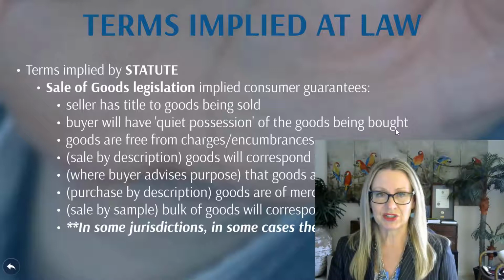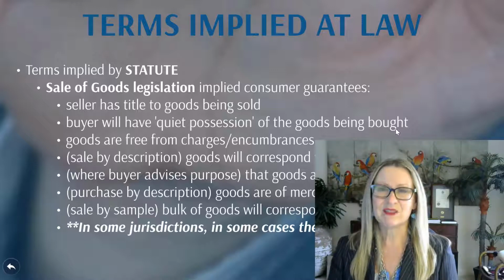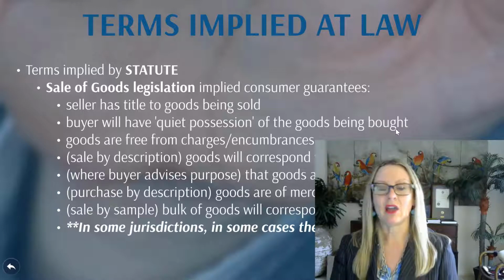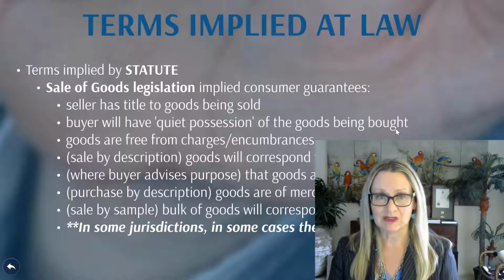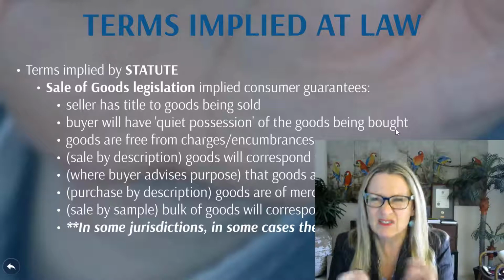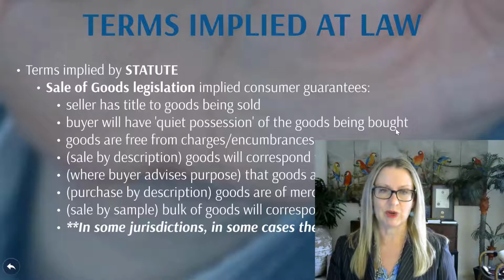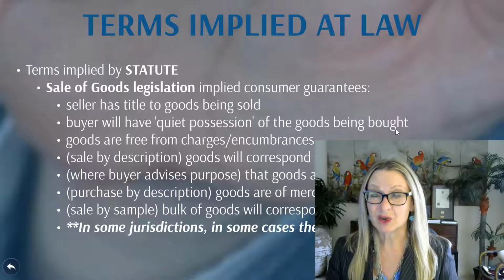Sale of goods legislation includes a number of different implied consumer guarantees. Again, very sensible stuff, like the seller has title to the goods being sold. The buyer will have quiet possession. That means you're not going to go ahead and interfere with them after the bargain's been completed of the goods being bought. The goods are free from charges or encumbrances.